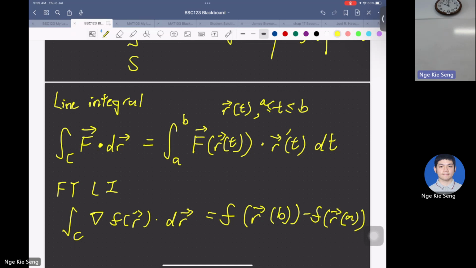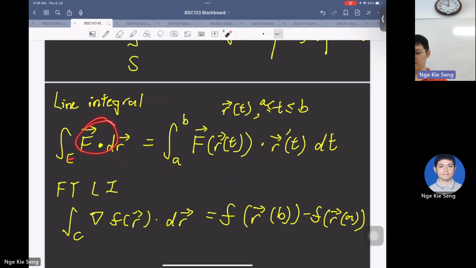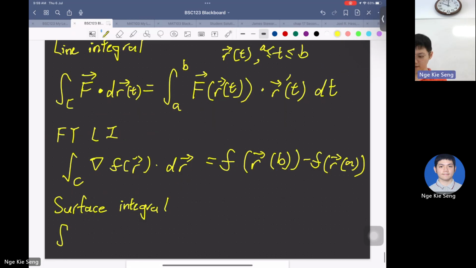And then we have the surface integral. You should really imagine it as the upgraded version of the line integral. You need to replace your line integral with a surface, and your line r becomes a surface r, in terms of u, v. So let me write down the surface integral: you integrate over a surface on dr(u,v) like this.